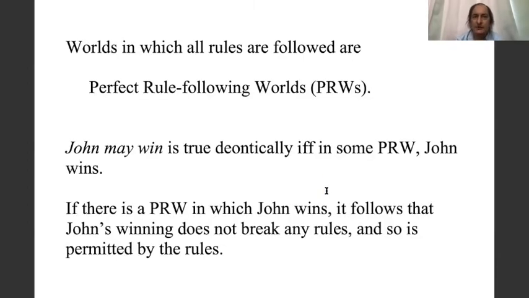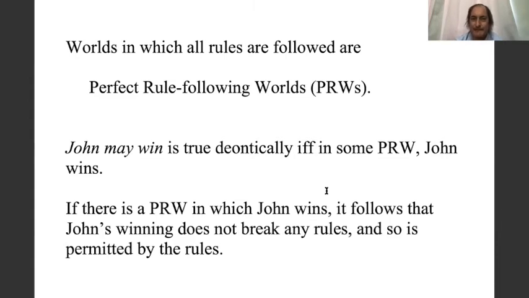So we're going to call the worlds in which all rules are followed perfect rule following worlds. I'll abbreviate that as PRWs. So John may win is true deontically if and only if there's some perfect rule following world, PRW, in which John wins.